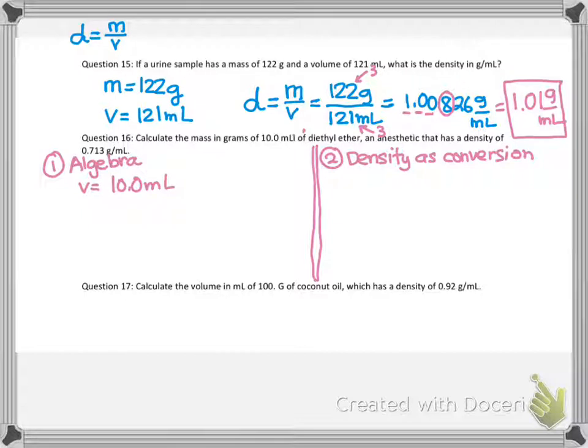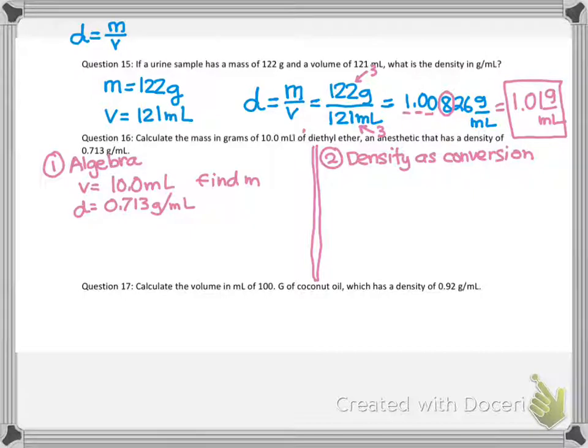I know it's volume because milliliters are volume, of diethyl ether, an anesthetic that has a density equal to 0.713 grams per milliliter. So in this problem, they gave me the volume and the density, and they're asking me to find mass.